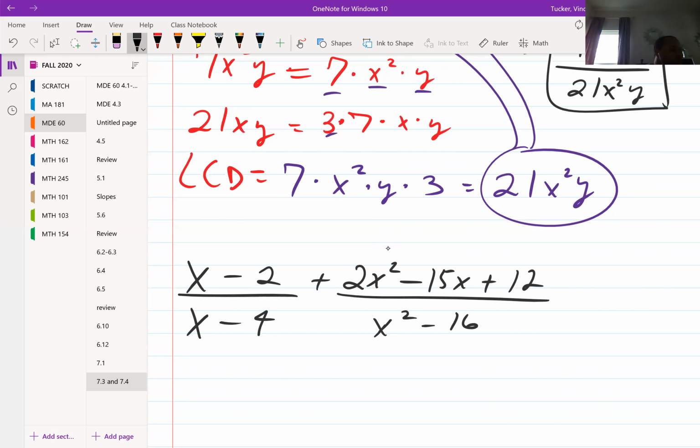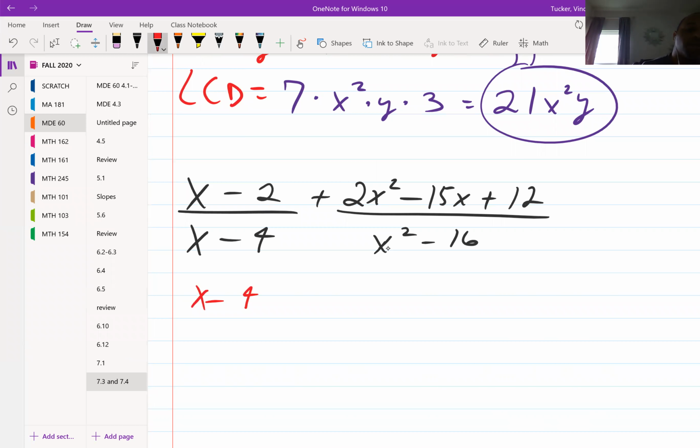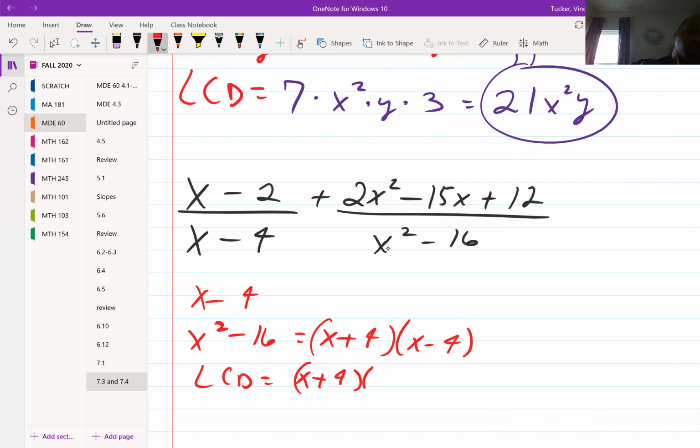All right, so here we have (x - 2)/(x - 4) plus (2x² - 15x + 12)/(x² - 16). Once again, looking at these denominators, we need them to be the same in order to add them up. One of them is x - 4, the other one is (x + 4)(x - 4). So that means my LCD is going to be (x + 4)(x - 4).